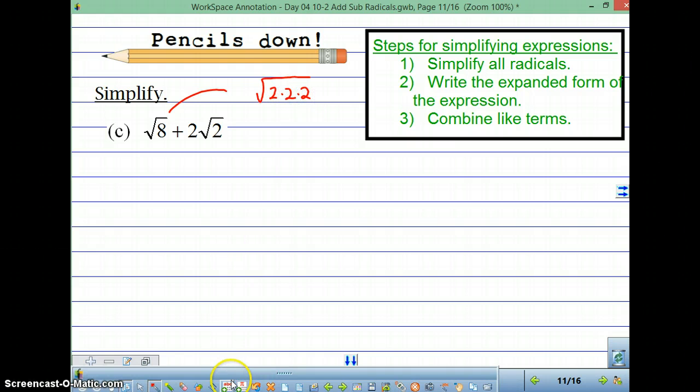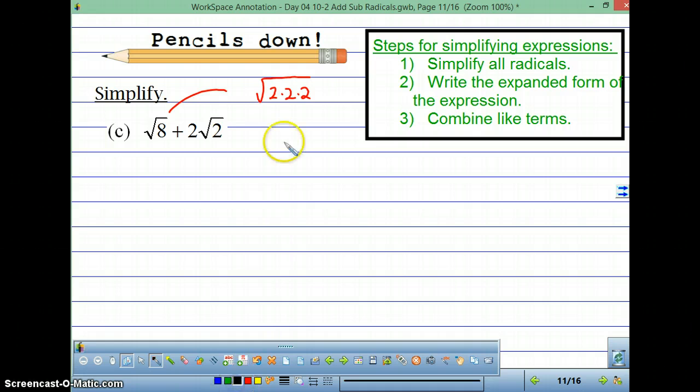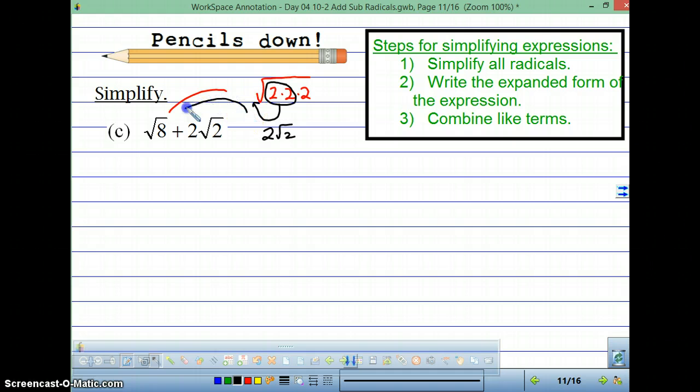Do you see a perfect square? I hope so. Perfect square is right here. Take the square root of the perfect square out. You end up with 2 root 2. Now we're going to plug that back in here. Okay? So this becomes 2 root 2 plus 2 root 2. Answer, very easy, 4 root 2.